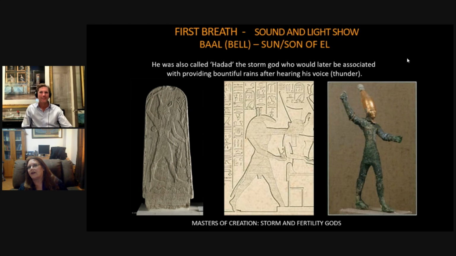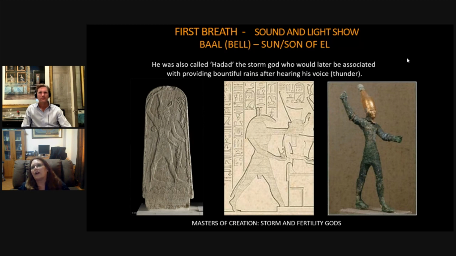Baal, earlier god, Bel, right? Son of El, electricity. These are all early gods in Egypt and in the cultures that surrounded Egypt. He was also called Hadad, the storm god, who would later be associated with providing bountiful rains after hearing his voice, thunder, right?